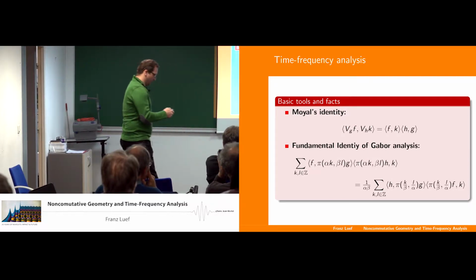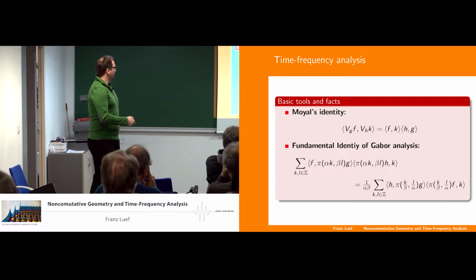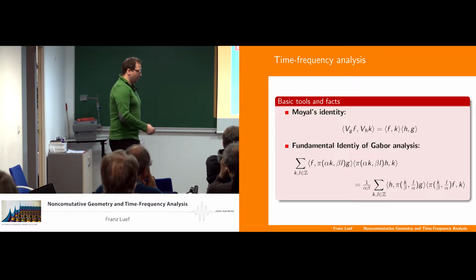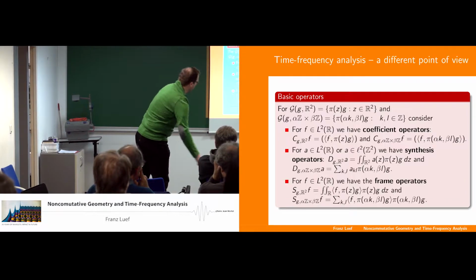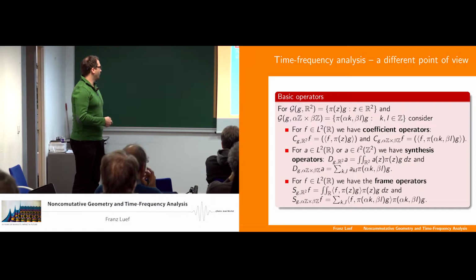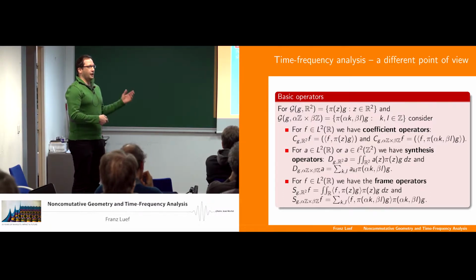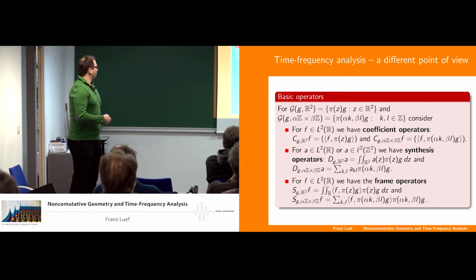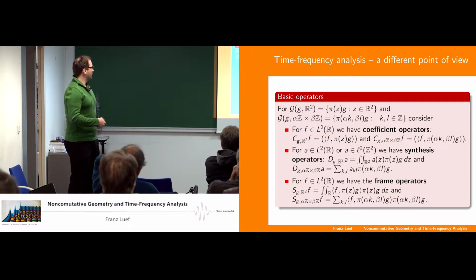And as long as you're in this nice class of functions, like everything in S0 or in Schwartz, then you can do this. And so usually, as we have all seen before, in both cases you have operators associated to it. You have associated to your system a coefficient operator, which is just taking the short-time Fourier transform or restricting it to the lattice.